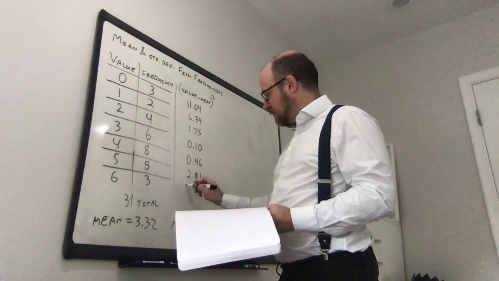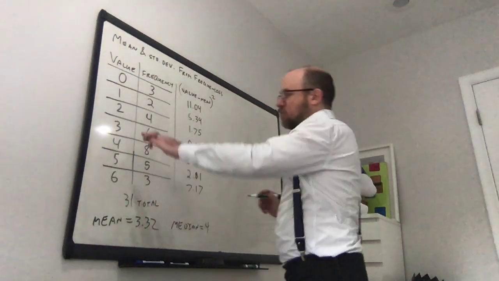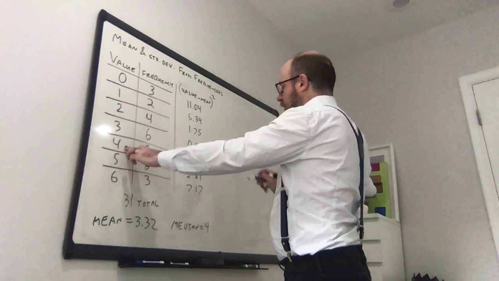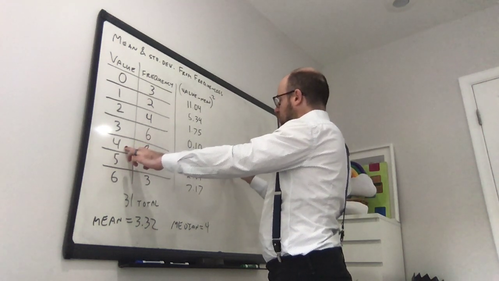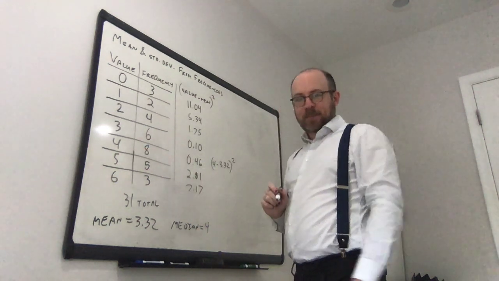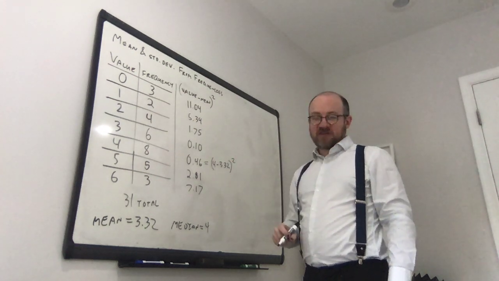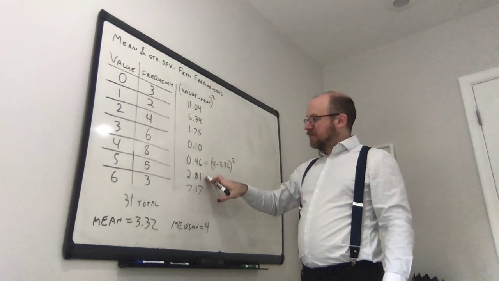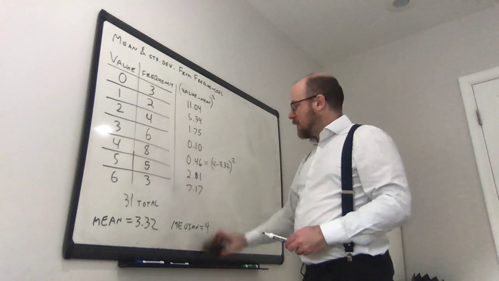And for 6, 7.17. So for each of these, what we're doing is we're just taking the value. So for example, to get this one, we would take 4 minus 3.32, and we would square it. Okay? So 4 minus 3.32 squared is 0.46. This one is 5 minus 3.32 squared, 6 minus 3.32 squared, etc. Okay?